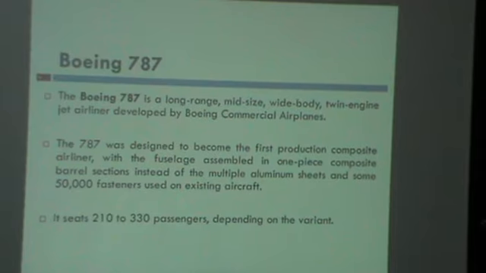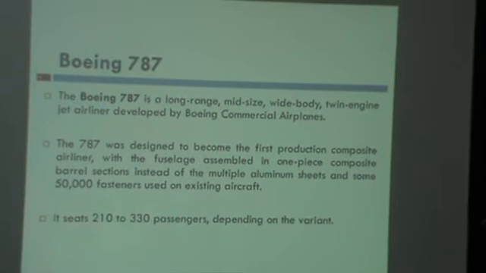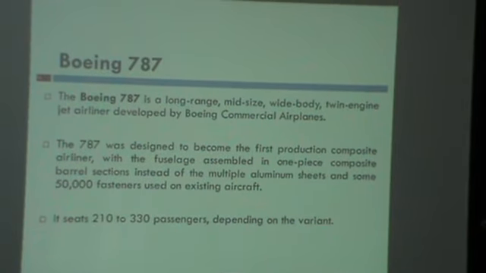Let's take an example of Boeing 787, the latest carrier of our time. So you see, it's a long-range, mid-sized, wide-body twin-engine airliner, and it seats around 210 to 330 people, depending upon the variants.